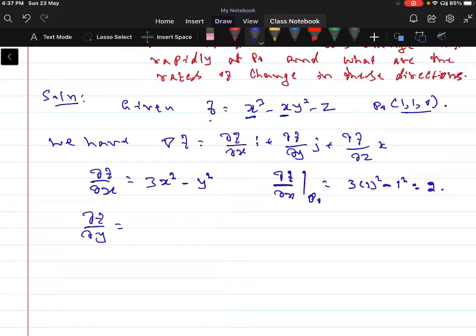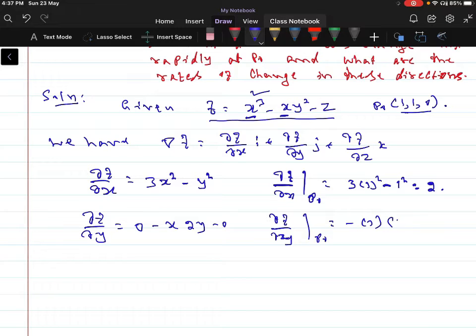Differentiate f with respect to y partially, treating x and z as constants. The differentiation of x cube is 0, minus x into 2y, minus 0. So del f by del y at the point P naught, where x is 1 and y is 1, is minus 1 into 2, that is equal to minus 2.